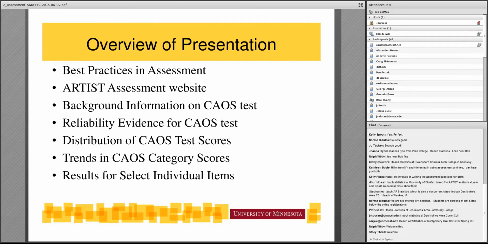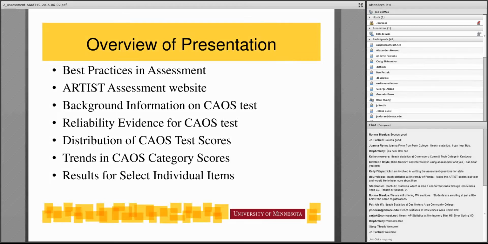Some background on one of the assessments in particular that we developed for that project, called CAOS, which stands for Comprehensive Assessment of Outcomes in Statistics. Then we'll get a little technical, look at some reliability evidence and some other psychometric properties of the CAOS test, and then see what the CAOS test, we have about 9 to 10 years of data from over 30,000 students taking the CAOS test.